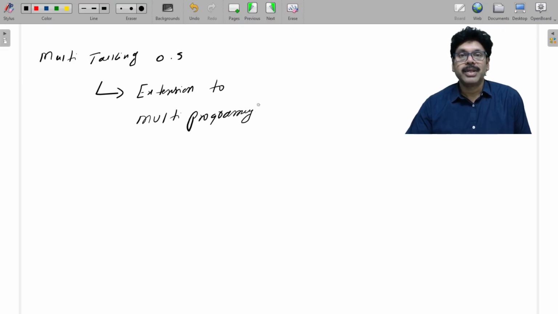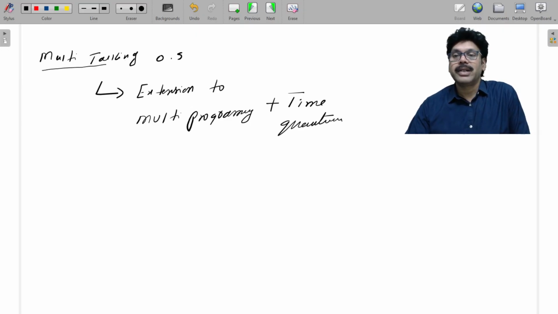Number of tasks can be executed parallelly. But in this case, we are going to attach a time quantum. So multitasking operating system is nothing but multi-programming plus time quantum.